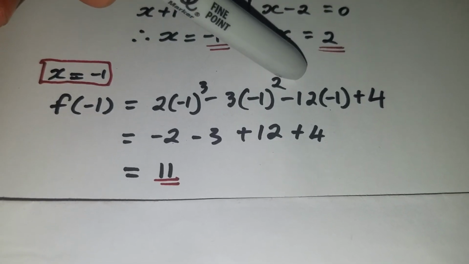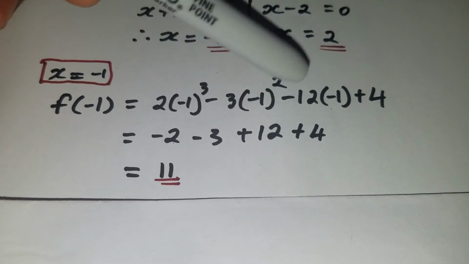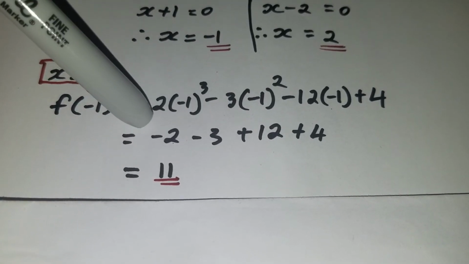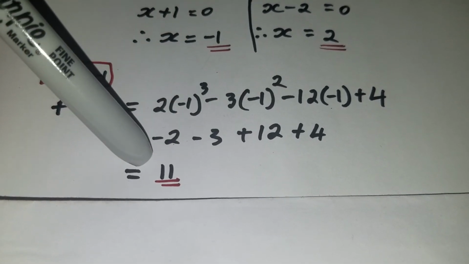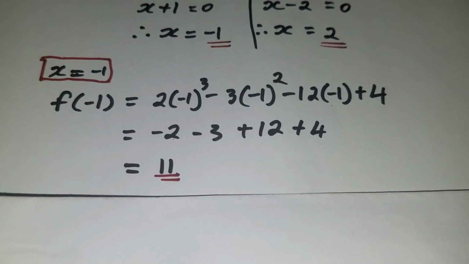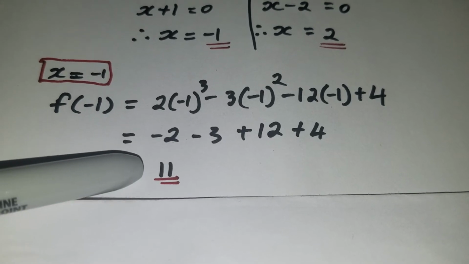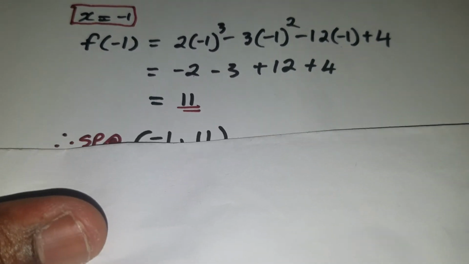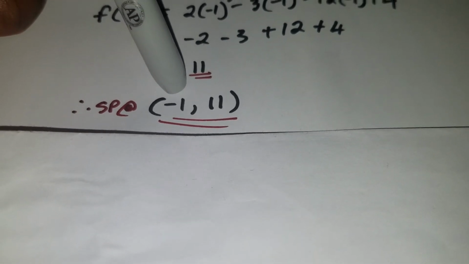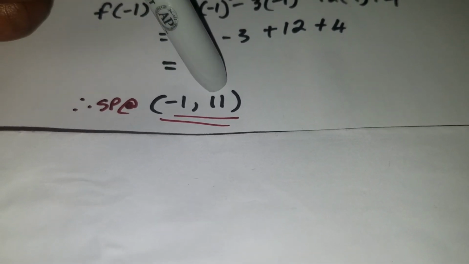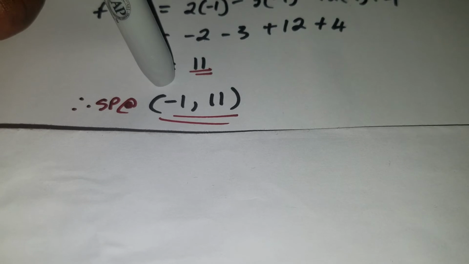And negative 1 times negative 12 will give us positive 12. And then we have plus 4. So minus 2, minus 3 plus 12 plus 4 will give us positive 11. So therefore, this would be the y value when x is negative 1. So the first stationary point location will be x as negative 1, y as 11. And we state the coordinate.